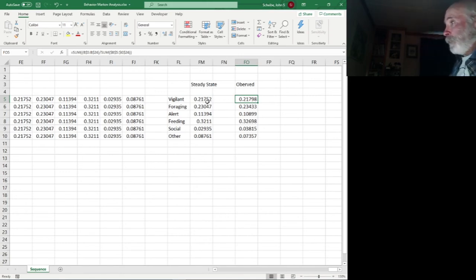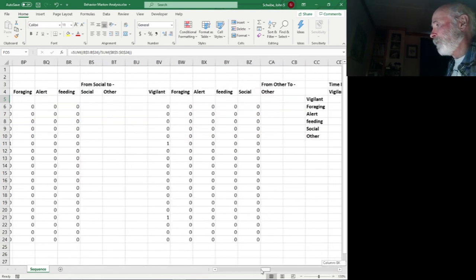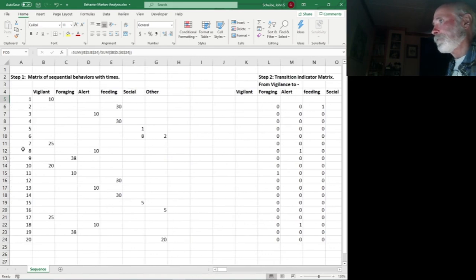So that's what I'm asking you to derive for the data set that you collected, those observations that you made out on academic terraces. Compute this steady state vector and then compare that with the observed. All you have to do to complete this assignment is fill in this matrix right here.